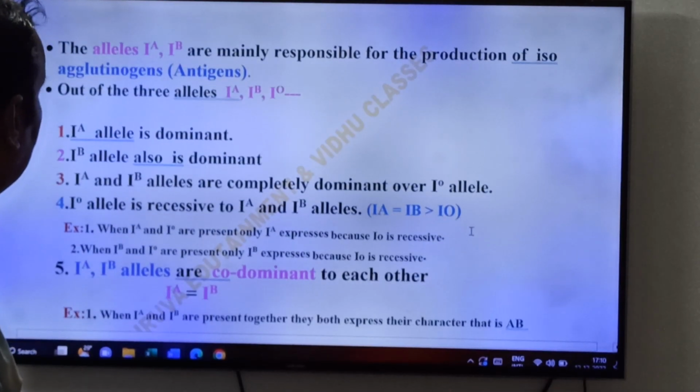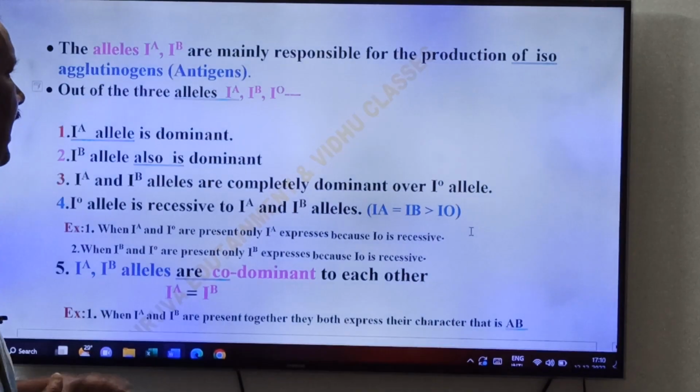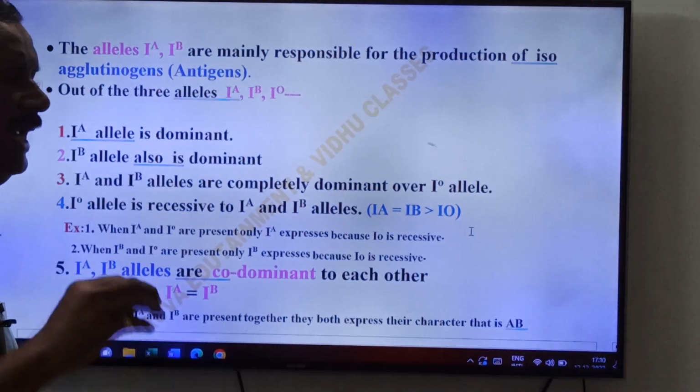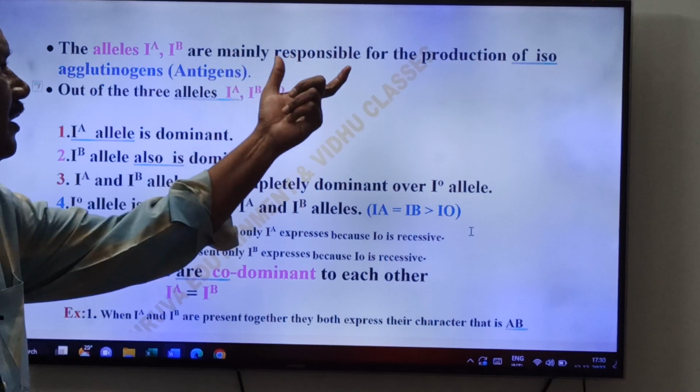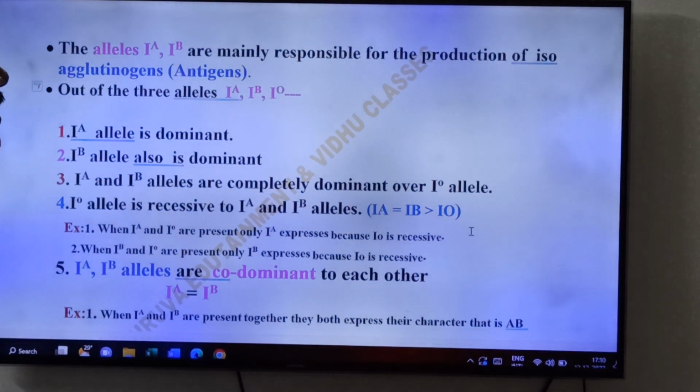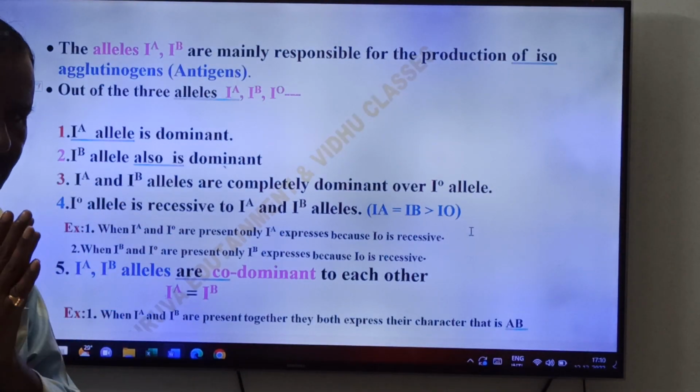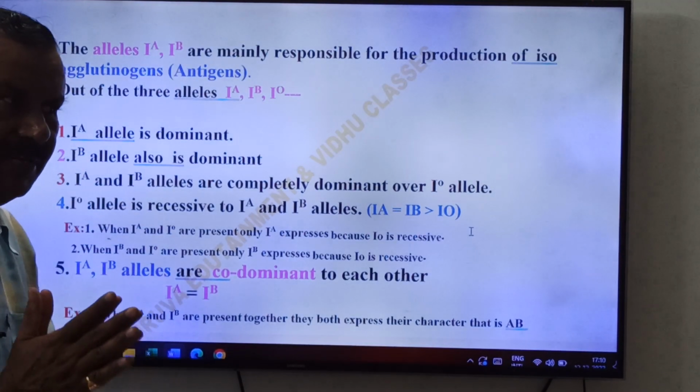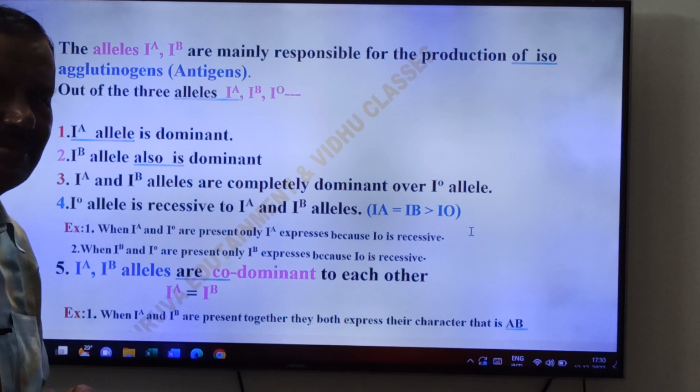Now see friends, the alleles IA and IB are mainly responsible for the production of isoagglutinogens, or antigens.